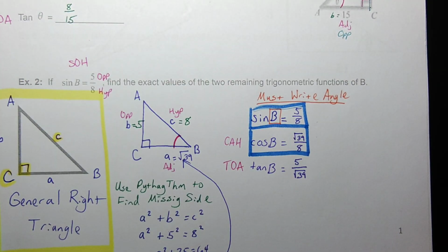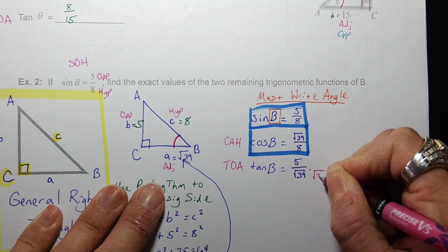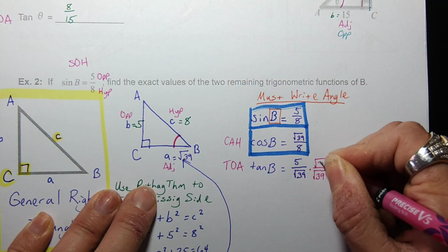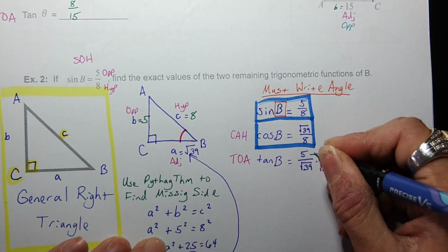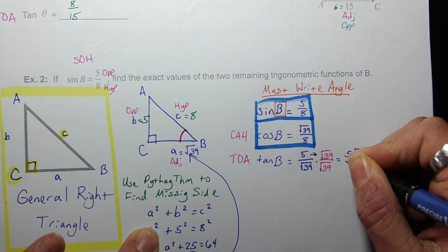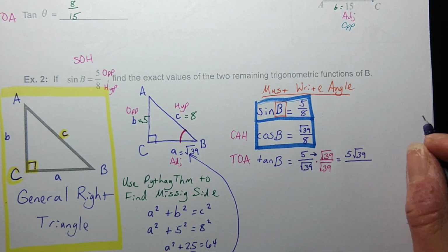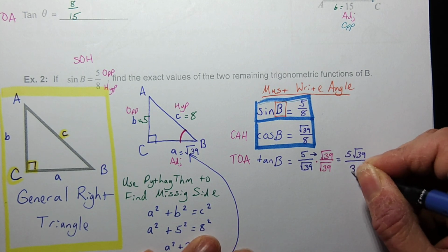How do we get rid of a radical in the denominator? We need to multiply it by 1. We don't want to change the value of it. What can I multiply a radical by so that it goes away? Itself, as the creative form of 1. So if we multiply by rad 39 over rad 39, we go straight across and we get 5 rad 39 all over the square root of 39 times the square root of 39, which gives me 39.